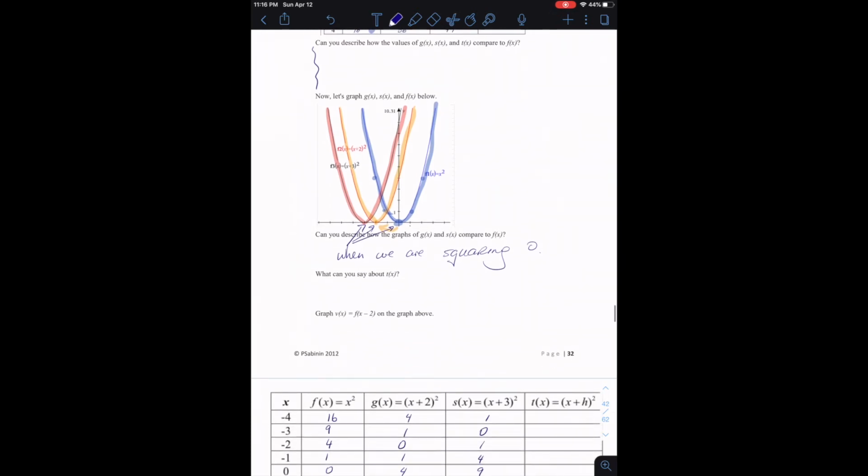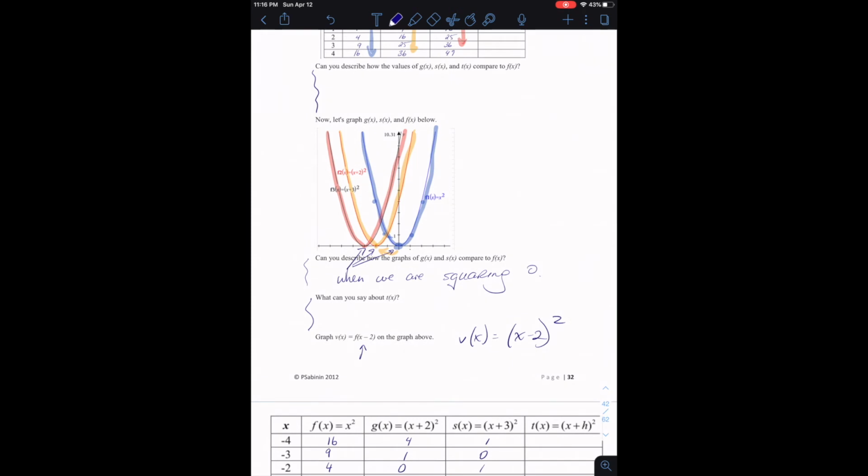So I'm going to let you fill in this and this, and then see if you can figure out what happens with f of x. What this is saying is that we're going to subtract 2 first, and then square it. So what do you think this is going to look like in the table and on the graph? Fill that in before moving on.